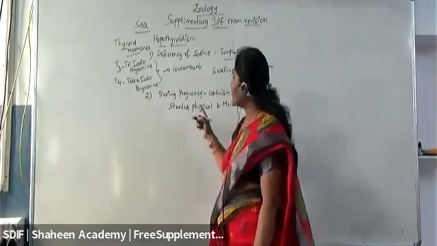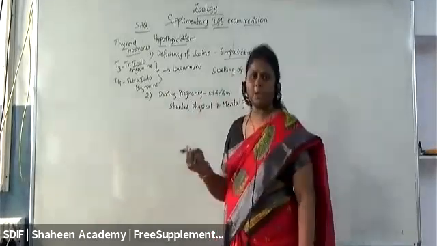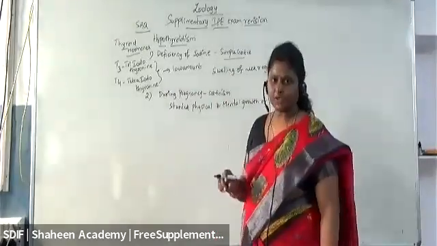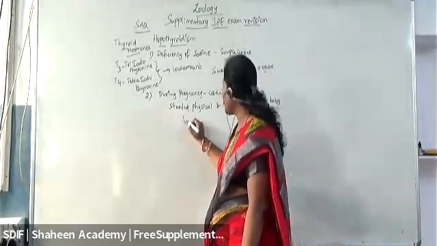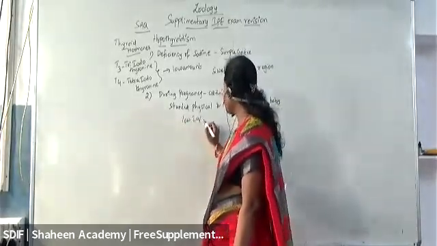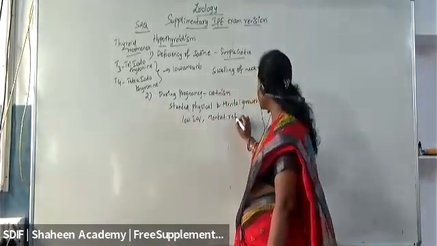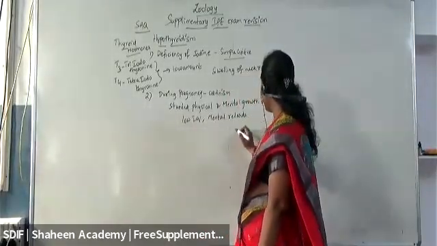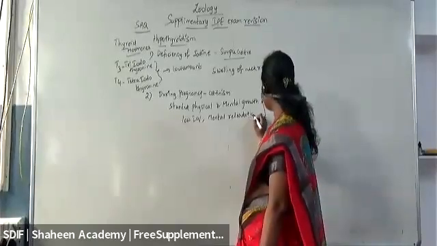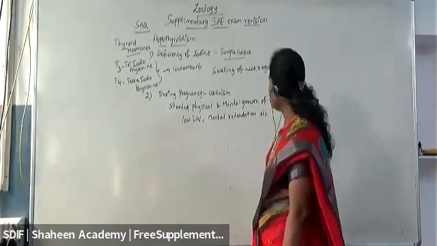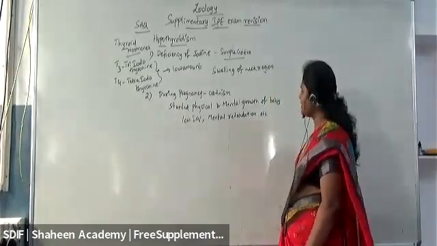The baby born because of this hypothyroidism in the mother during pregnancy will have low IQ, mental retardation, and you can even include deaf mutism.